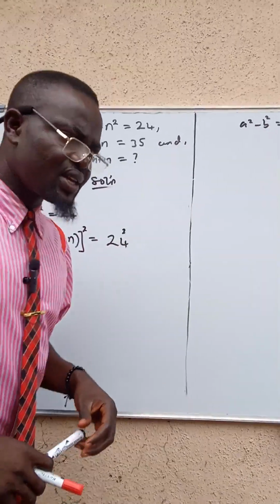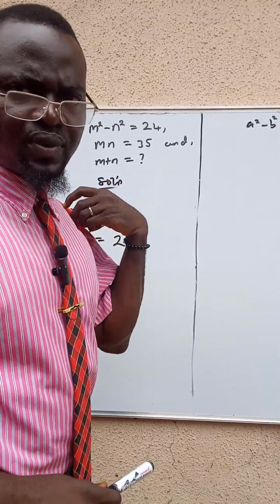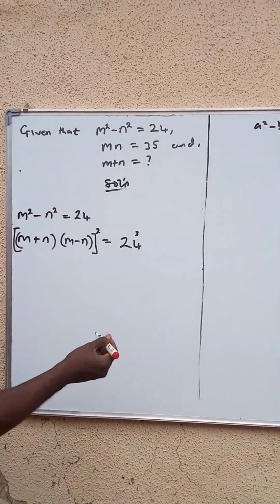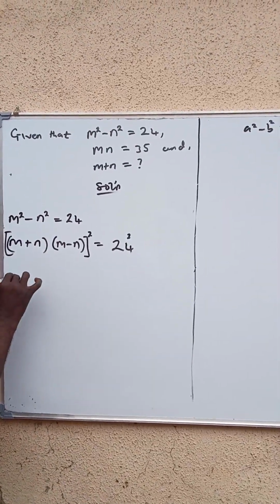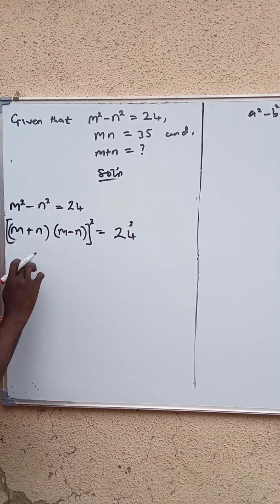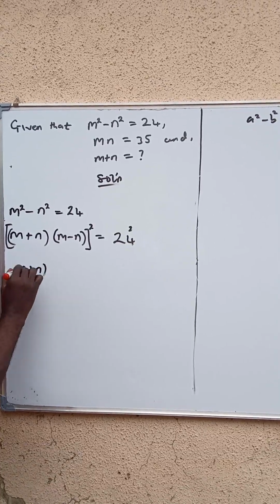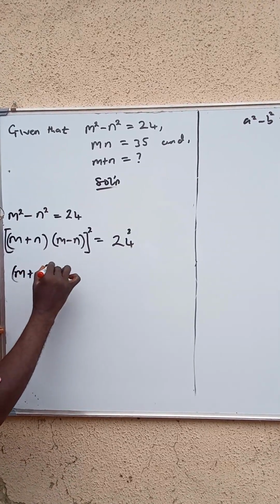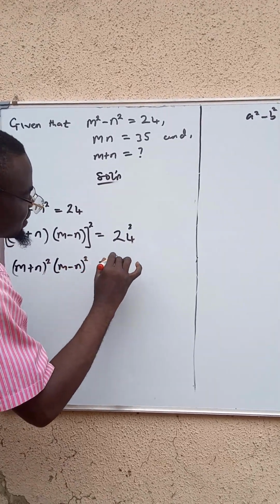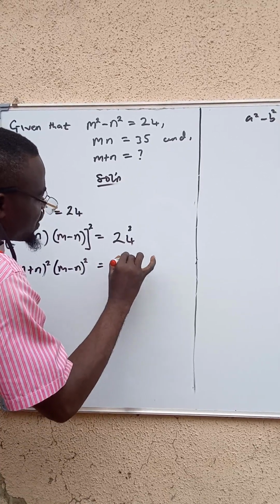Go to my videos, you will see one I did. So that is (m plus n) all squared times (m minus n) all squared is equal to 24 squared.